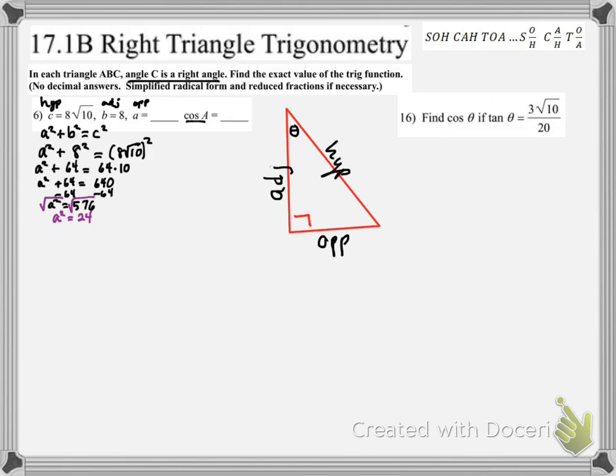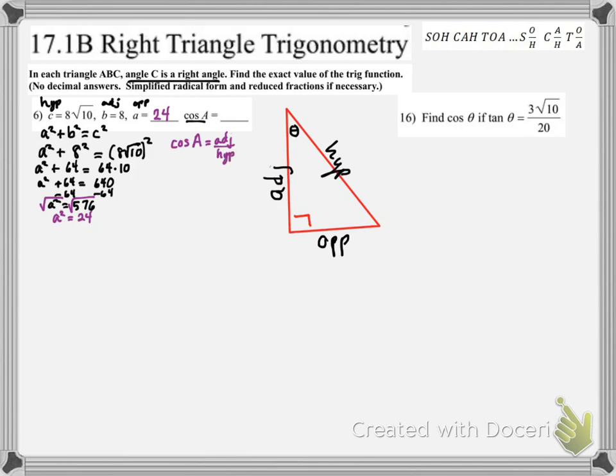If it didn't turn out to be a perfect square on my calculator, because the directions here say I need no decimal answers, I would have had to go back and do a factor tree like I was doing on those first problems. I'm trying to find the cosine of angle A. Cosine of A is the adjacent side over the hypotenuse.